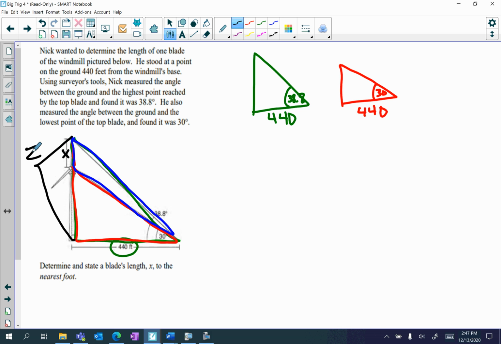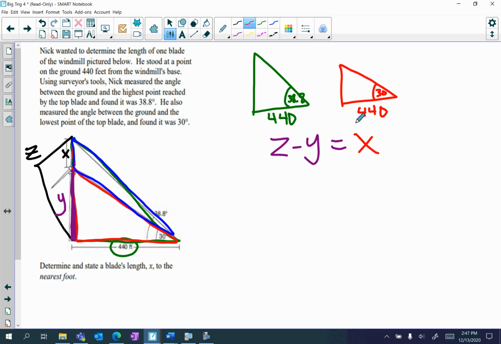We're going to call that z. And we're also going to solve for this smaller side between here and the blade. We're going to call that y. So once we find z, we're going to subtract y from it, and that's going to end up giving us x.